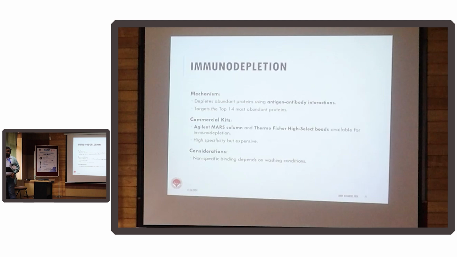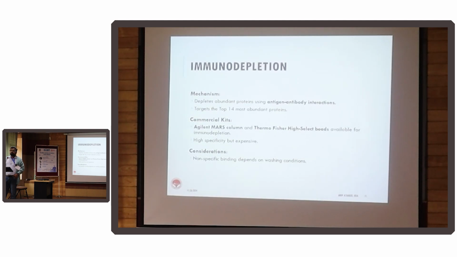To avoid that, we use immunodepletion, and immunodepletion works with antigen-antibody interactions. So you have antibodies against the top 14 abundant proteins in plasma or serum. When you put the serum and allow it to incubate in that slurry, all the antibodies will bind with their antigen, that is the top 14 proteins in the blood.